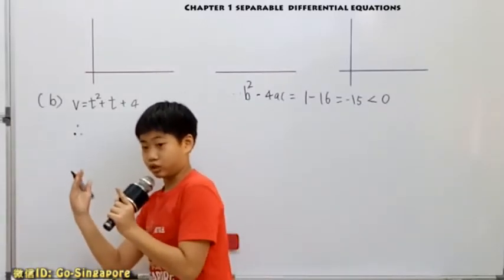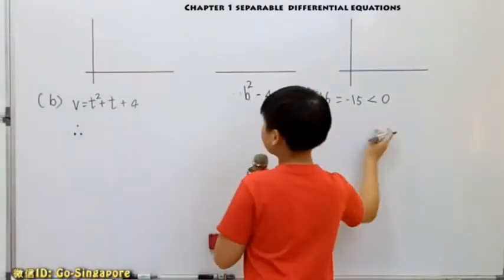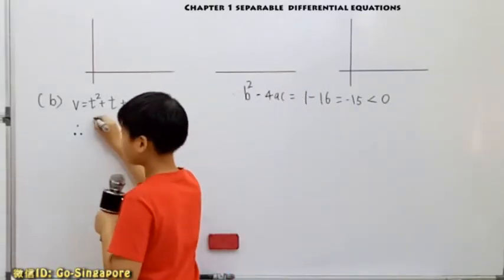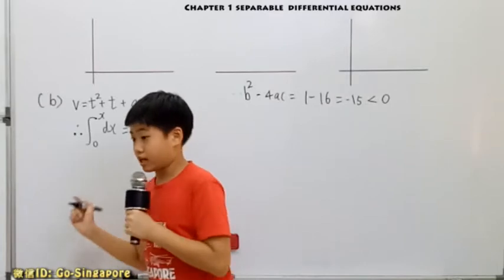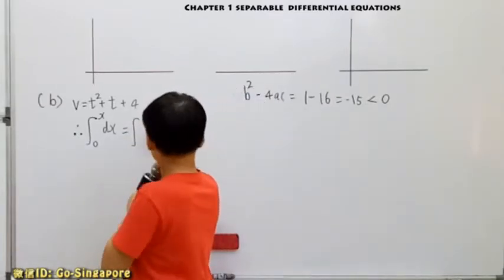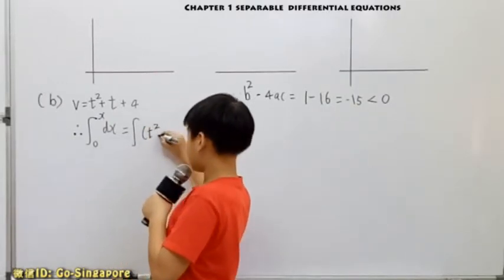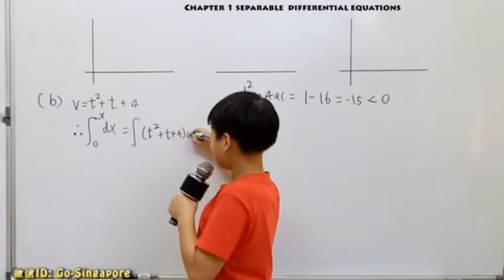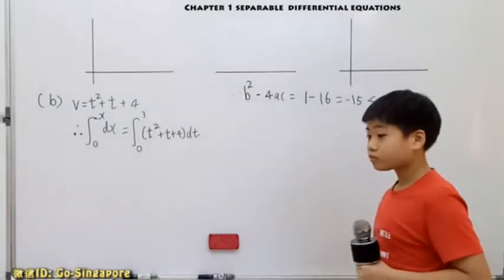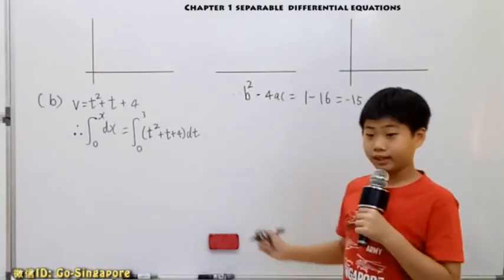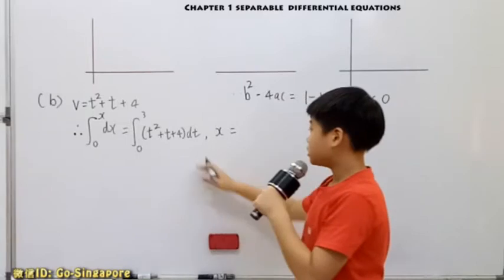Then we add the extra parts. So x we don't know yet. Remember, x is our distance. Here we have the integral of t squared plus t plus 4 dt, with time from 0 seconds to 3 seconds. So we just need to solve this equation, which here is obviously x.